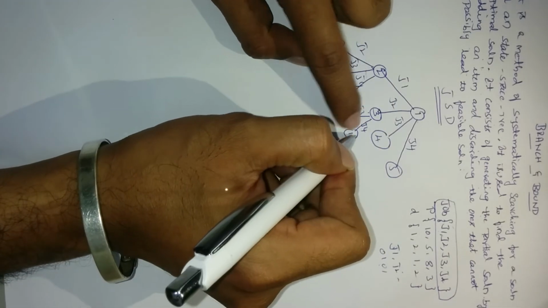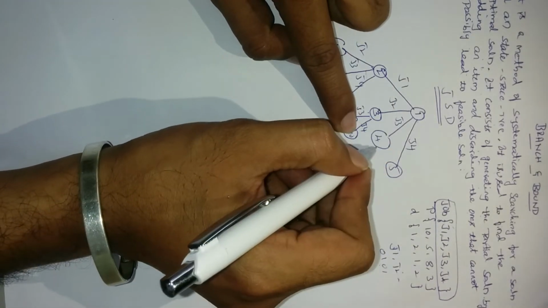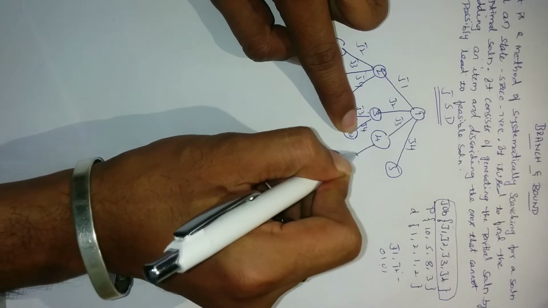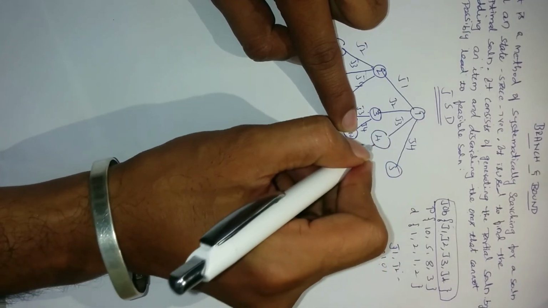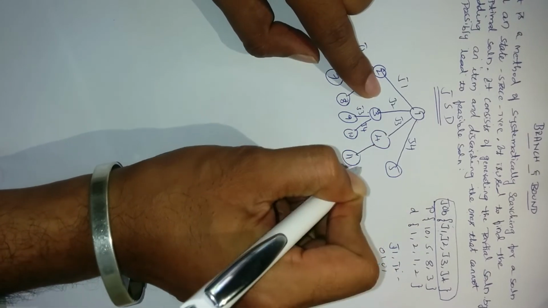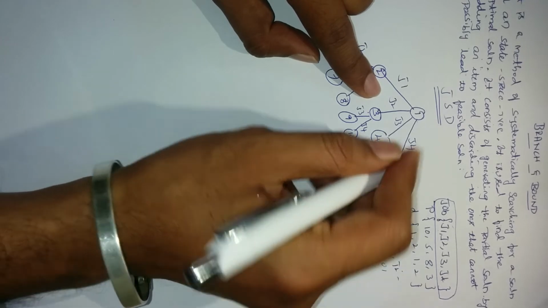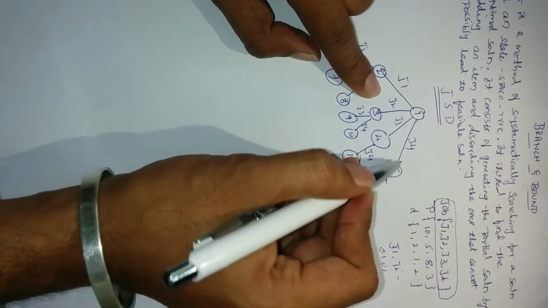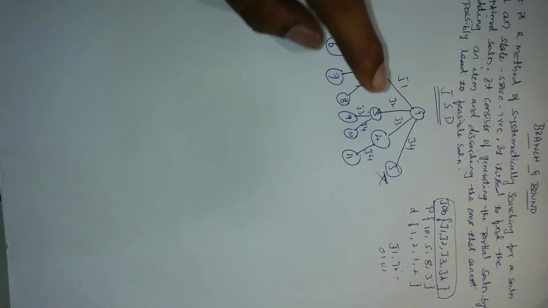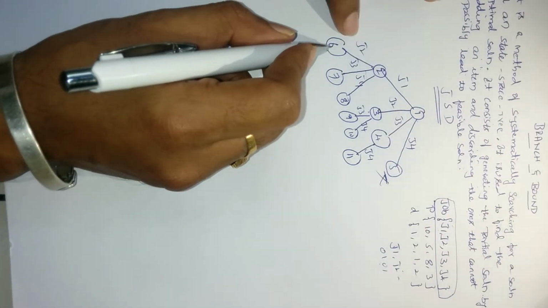After completion of this one, next go for J3. J3 means only the remaining 4, node 11, this is J4. No, we can't use it because J4 is already there, it is exceeding, so we have to kill this node. Next come to J2 again.